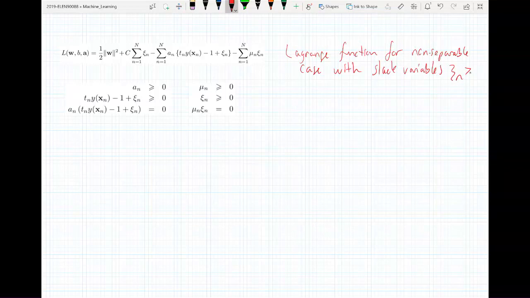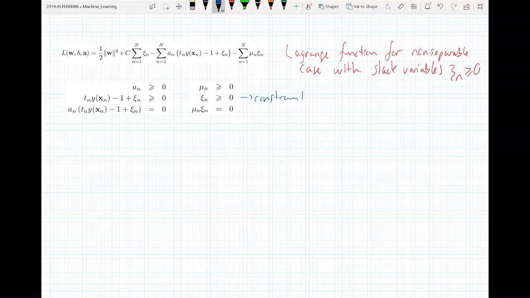psi n greater than or equal to 0, right? And those are handling the points that are possibly violating the margins, right? And then these are actually the constraints themselves. So these are the constraints. Maybe a different color.